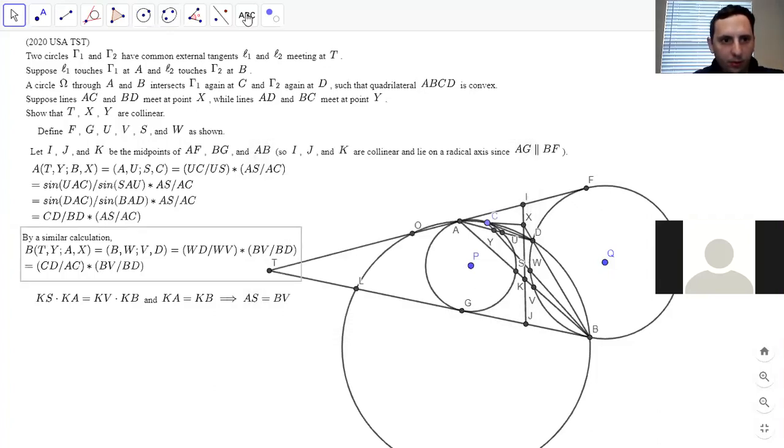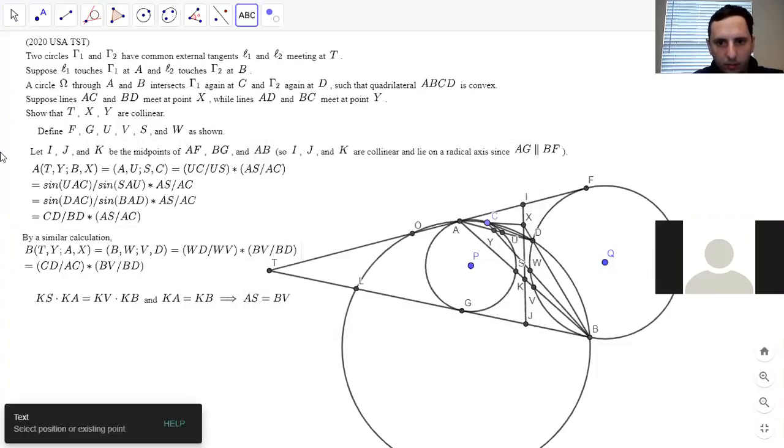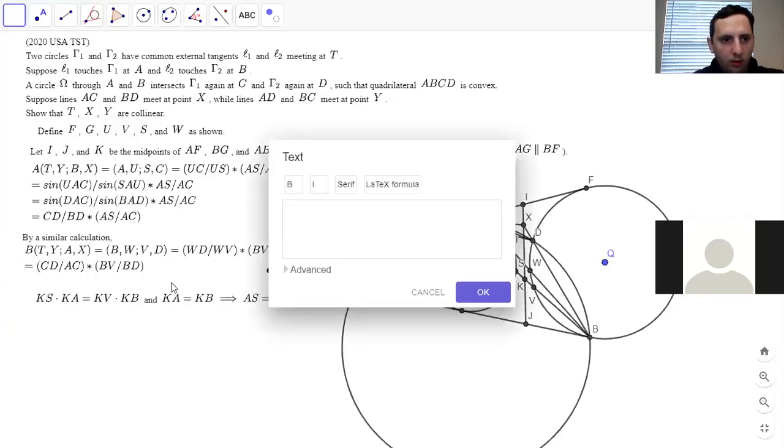And since those are... combining the above, we have TYBX is equal to B of TY colon AX. And that implies TY and X are collinear.